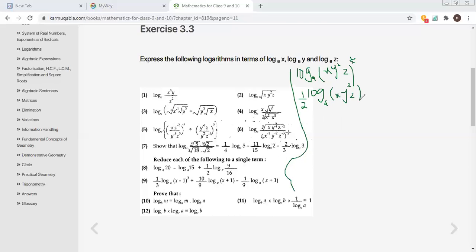Is there any confusion, class? No, miss. Okay, 1 upon 2 we will write as it is, make a square bracket, and then you can see that the three terms are in product form with logarithm.